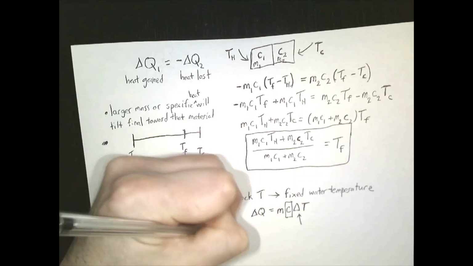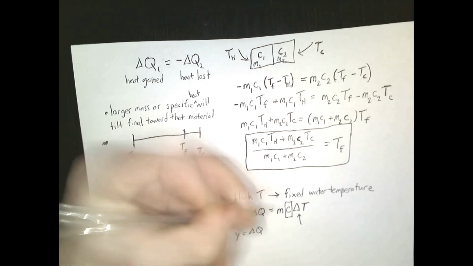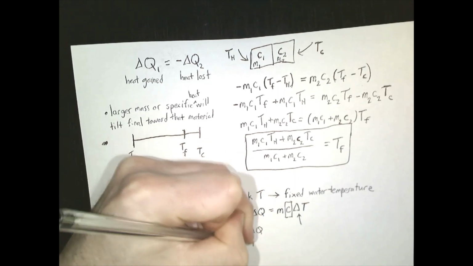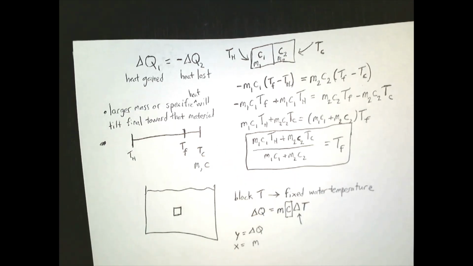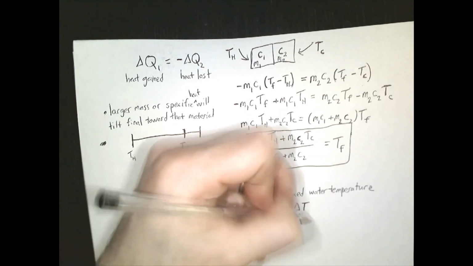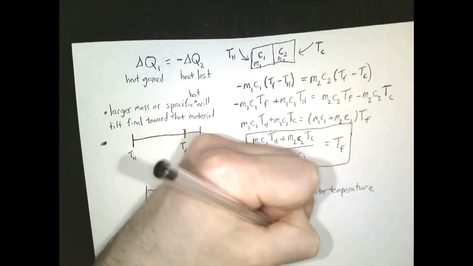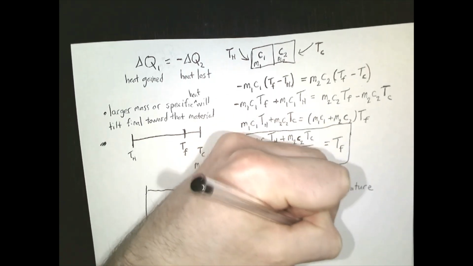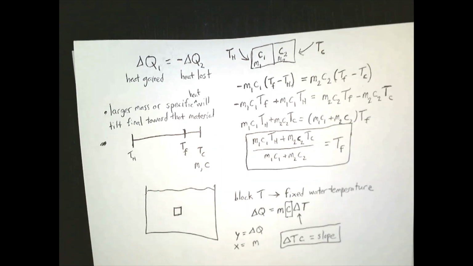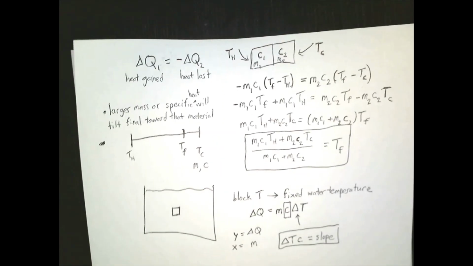So maybe you have Y equals delta Q, you have X equals your mass. Different blocks might give you a different amount of heat produced, and then based off the constant value of delta T, your slope is going to equal delta T times C, and you can calculate the specific heat from that sort of reaction there.